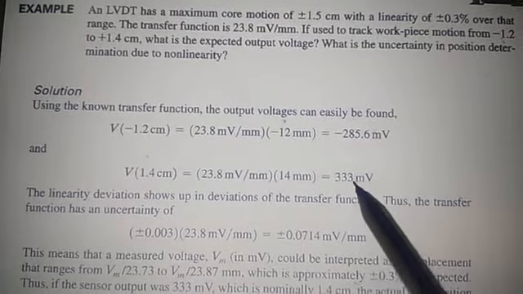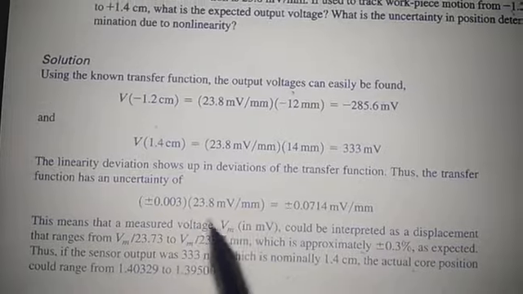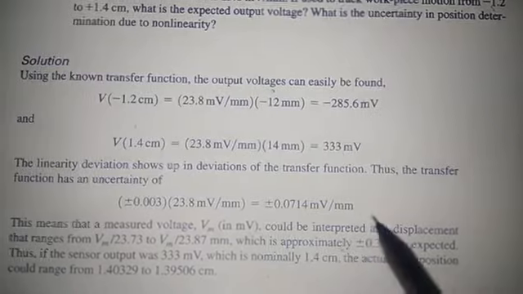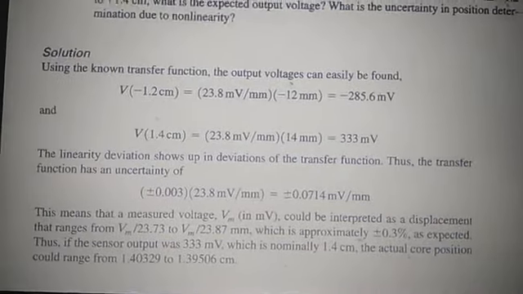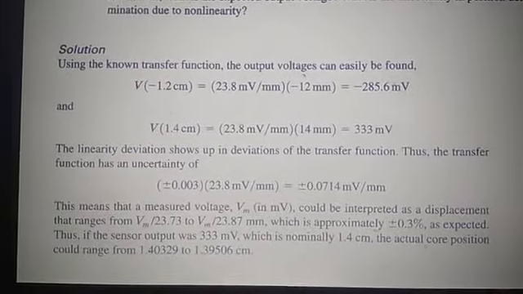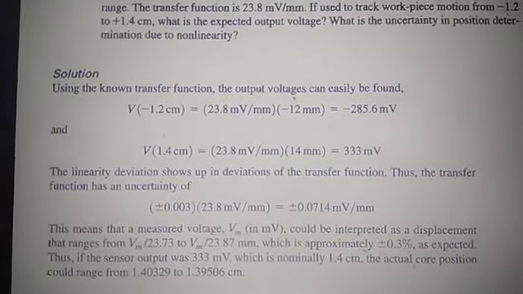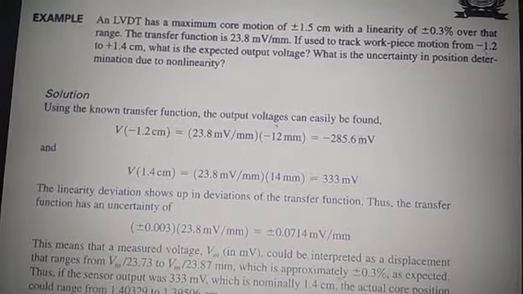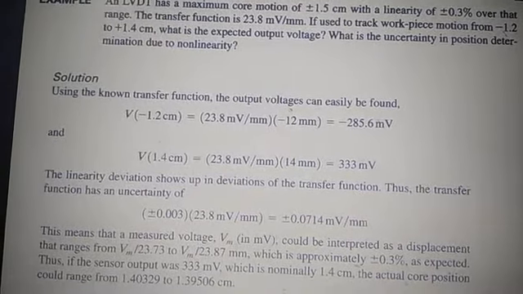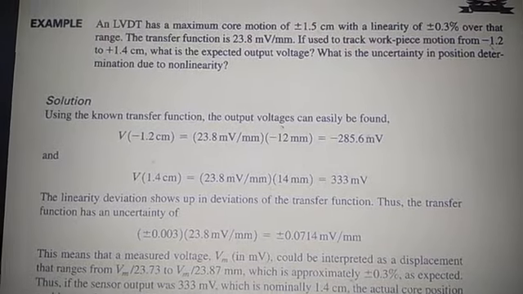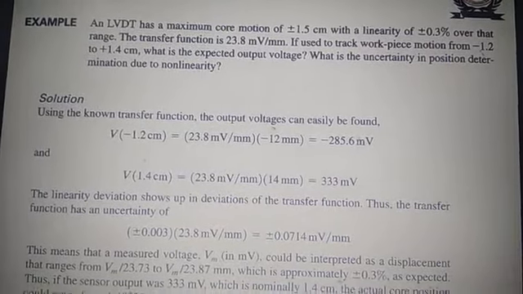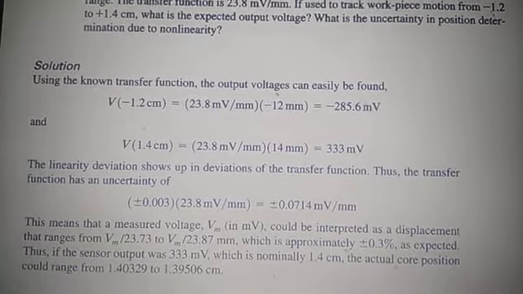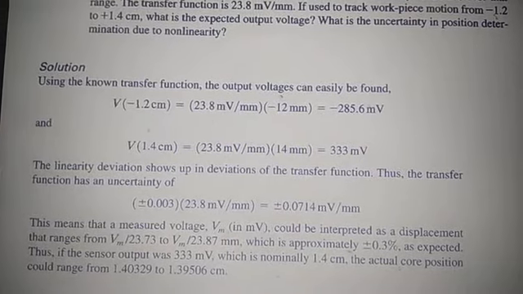So you can calculate these values, and the linearity deviation, up to deviations of the transfer function. Thus the transfer function has an uncertainty of plus minus 0.003, because 0.3% is given, into 23.8 millivolt per mm. It is also given for the range. So on multiplying, you get 0.0714 millivolt per mm.